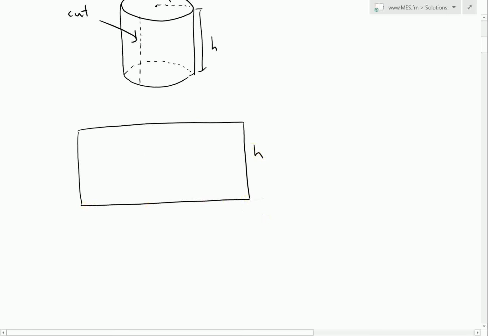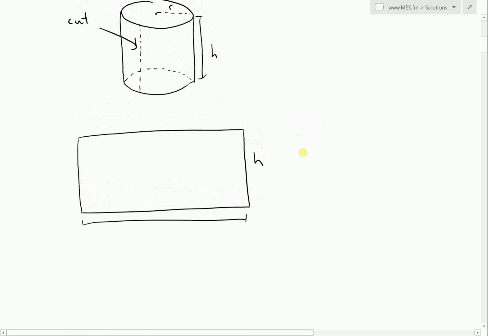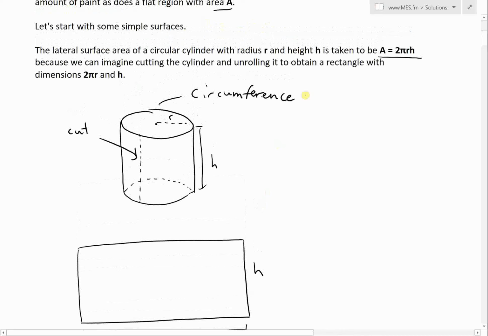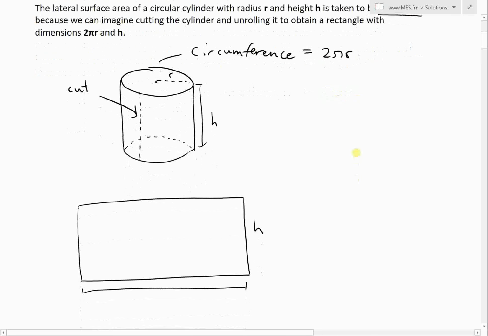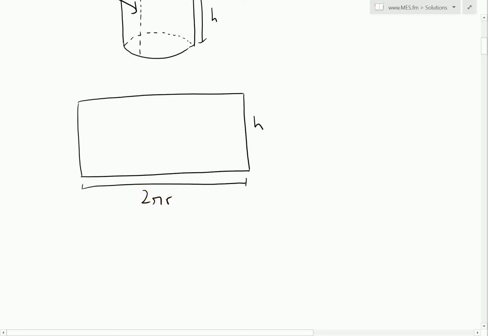So we get a rectangle where this was the height, and this length across is the whole circumference around here. If you saw my earlier videos on the proof for the circumference of a circle, which you can see in the video link below, this just equals 2 pi r. So when we unroll it, this length would be just 2 pi r, which is the circumference.